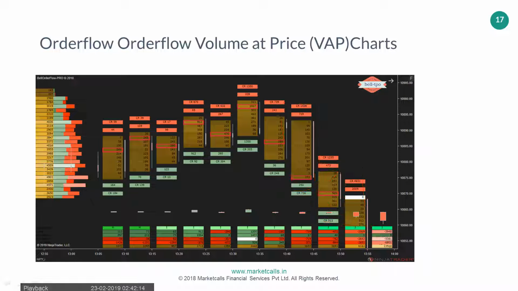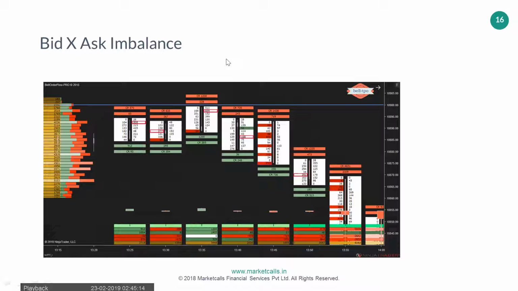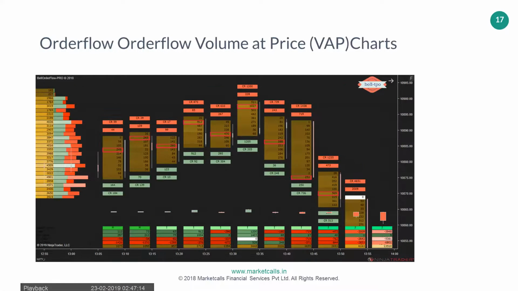Ideally I don't use volume at price much because it's more or less the same representation of bid and ask imbalance. But yes, if you want to see how a breakout is happening, how the volume behavior is over there, let's say price is touching the upper Bollinger Band and you want to measure whether responsive activity is happening so that you can initiate trades over there, then one of the places where you can use volume at price is to look for such behaviors.